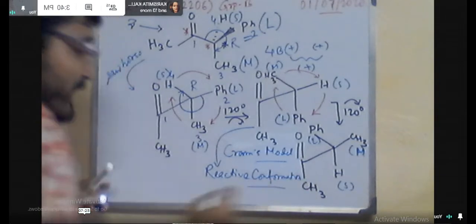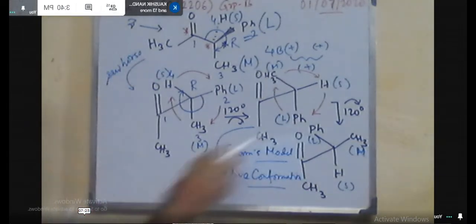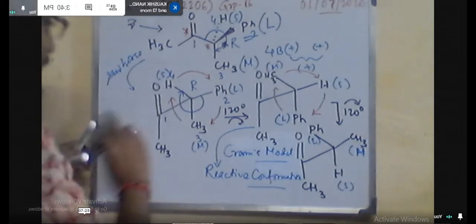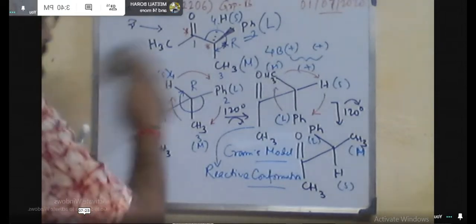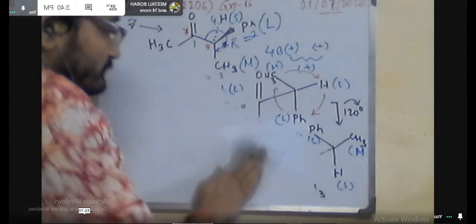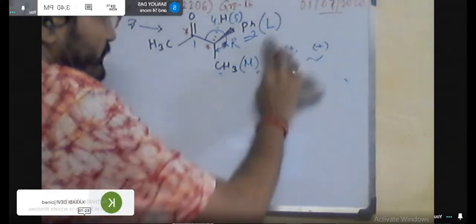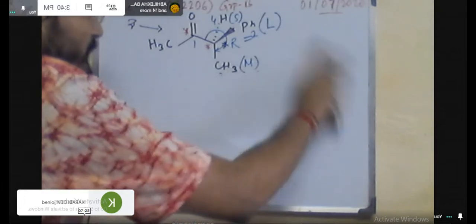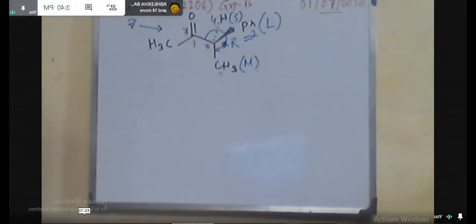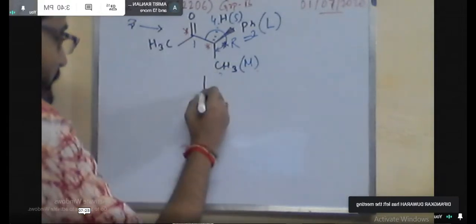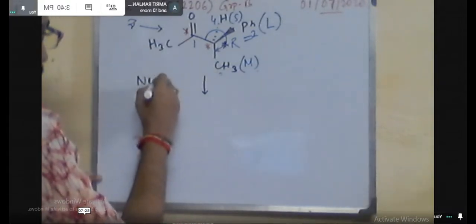So in this case, if we draw the Newman projection applying Cram's model, this is the C double bond O, CH3.